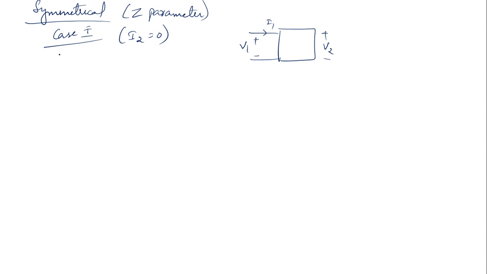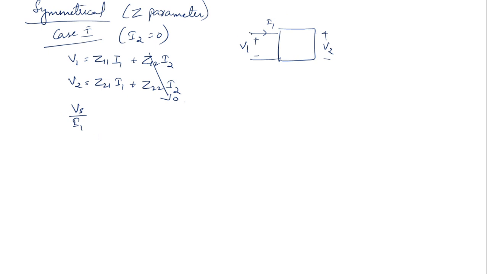And what are your Z parameter equations? You have V1 is equal to Z11 I1 plus Z12 I2, and V2 equal to Z21 I1 plus Z22 I2. And you have put I2 equal to 0. And you need the ratio of Vs by I1.